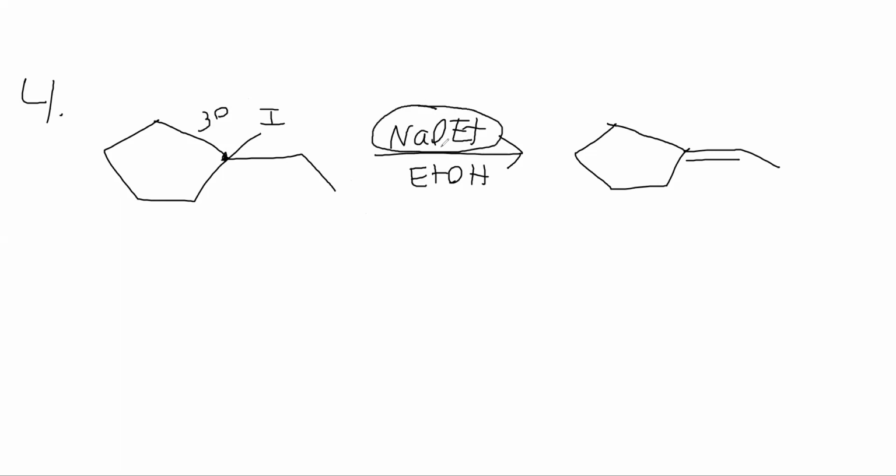NaOEt isn't a weak nucleophile, it's a pretty strong one. This is a protic solvent that favors SN1, but the solvent is basically the thing that matters the least. It's mostly just there. And E2 is okay with a polar protic solvent, as far as I know, at least.